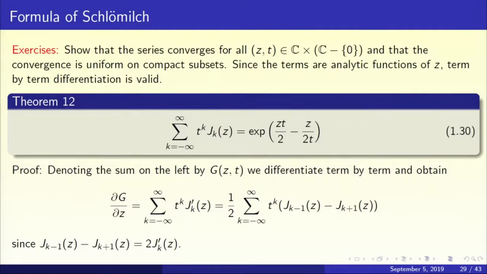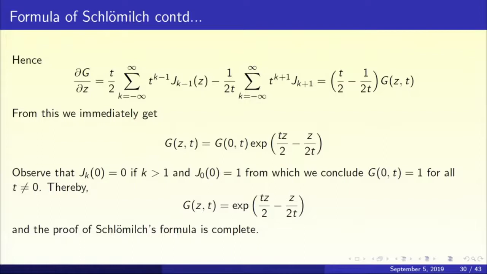Now, split this sum into two. So ∂g/∂z is t/2 times the summation over k from minus infinity to infinity of t to the power k−1 J_{k−1}, and the other can be written as minus 1/(2t) times the summation over k from minus infinity to infinity of t to the power k+1 J_{k+1}.